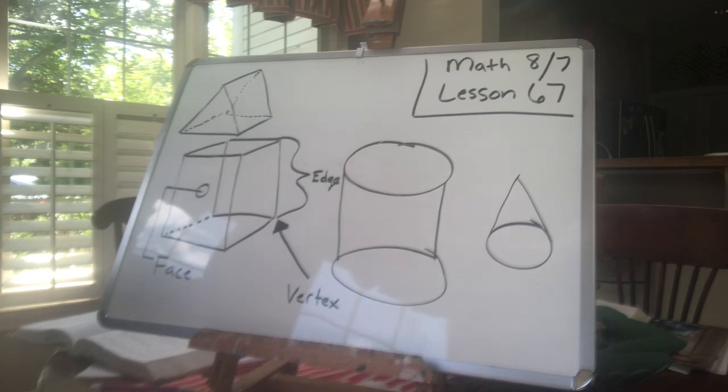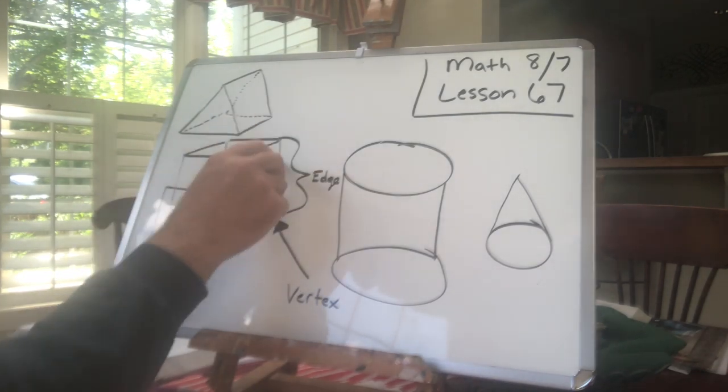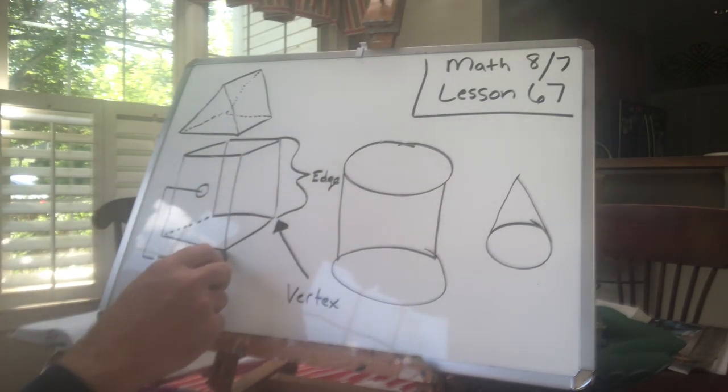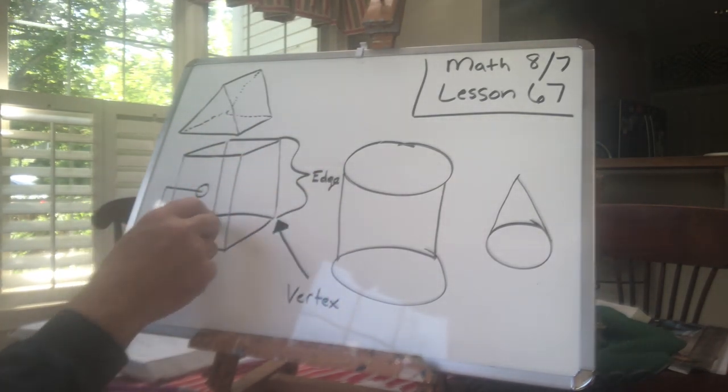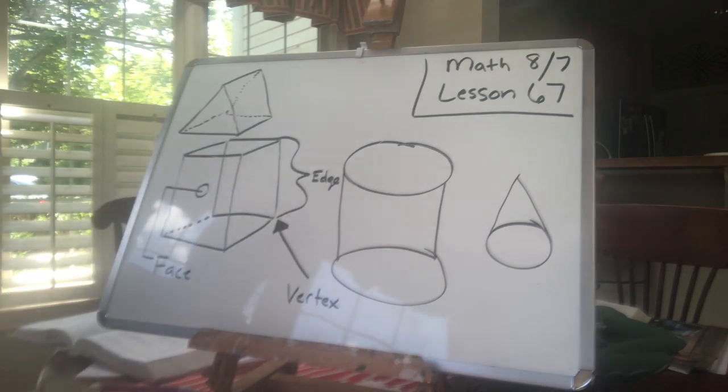The last example that it gives you is, it says each edge of a cube is 5 centimeters, okay? That means this one would be 5 centimeters, this would be 5 centimeters, this would be 5 centimeters. Every edge is 5 centimeters. So it says, what is the surface area of all the faces of the cube?